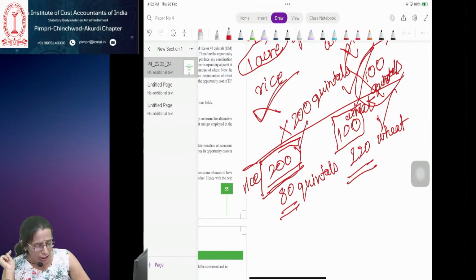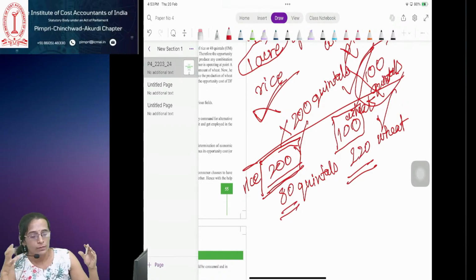So what will be the opportunity cost for rice? See, if I decrease rice, the quintals of wheat production will increase, right? And if I decrease wheat, the quintals of rice production will increase, right?